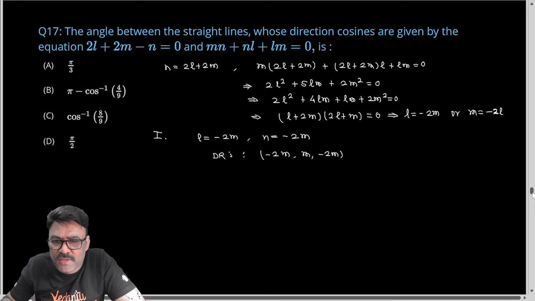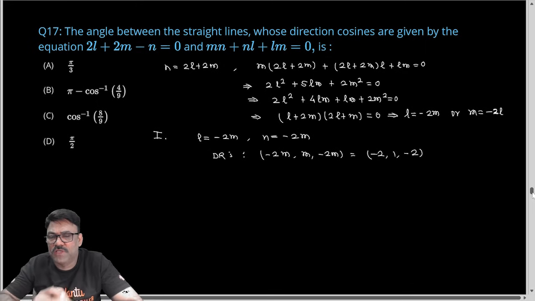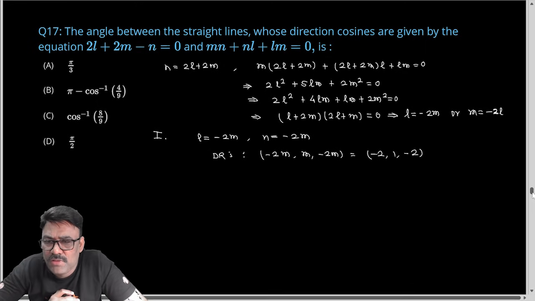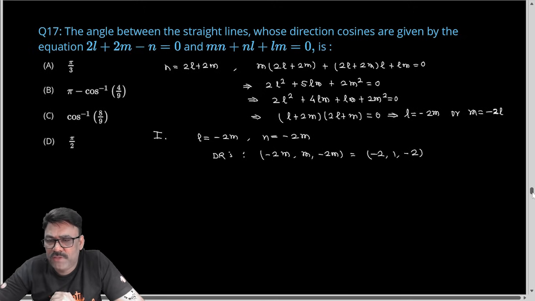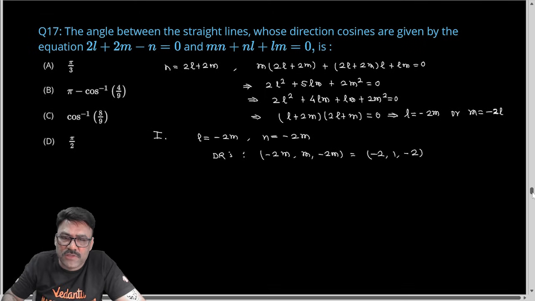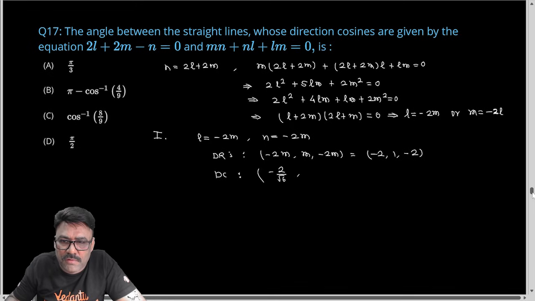Or you can say the direction ratios are minus 2, 1, minus 2. In fact, this is the direction ratios of the first line. If you write direction cosines, that will be minus 2 by root 6, 1 by root 6 and minus 2 by root 6. So direction cosines of the first line are minus 2 by root 6, 1 by root 6, minus 2 by root 6.